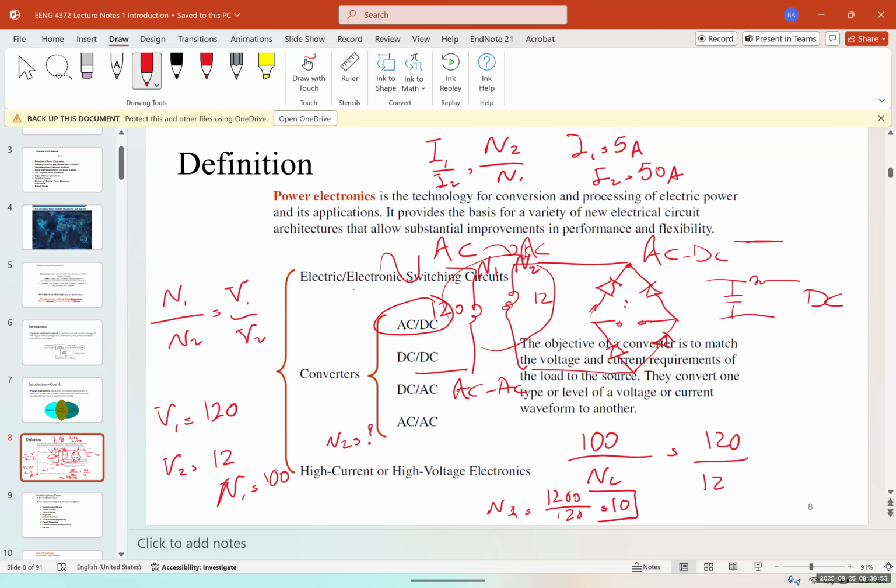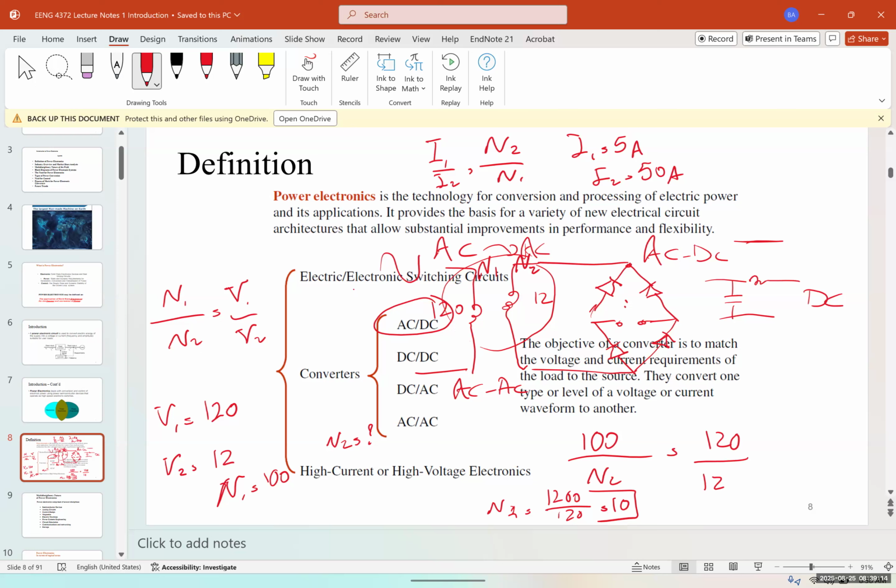So now you may think, we decreased the voltage from 120 to 12, but our current has gone up significantly. Wouldn't that damage our phone? How do we protect that? What do we do?